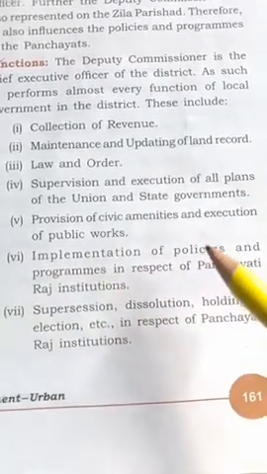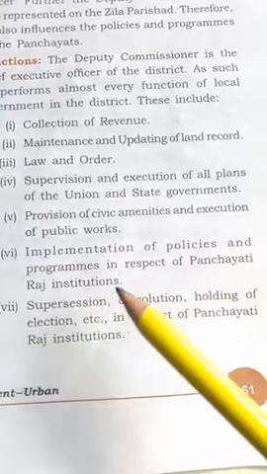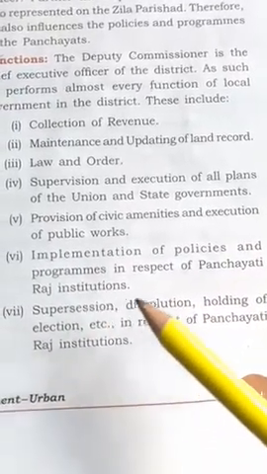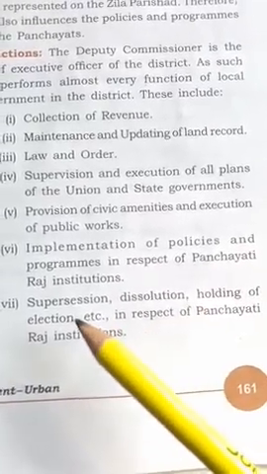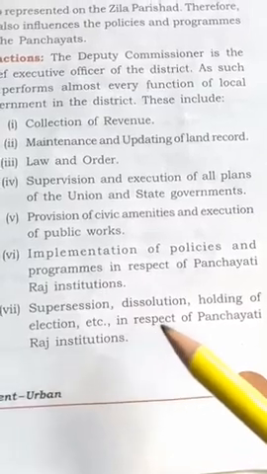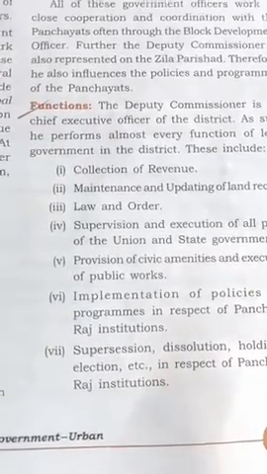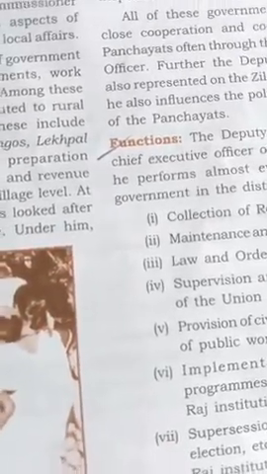implementation of policies and programs in respect of Panchayati Raj institutions, supersession, dissolution, holding of elections, etc. in respect of Panchayati Raj institutions. These can all be done in the municipal committee and municipal corporation.